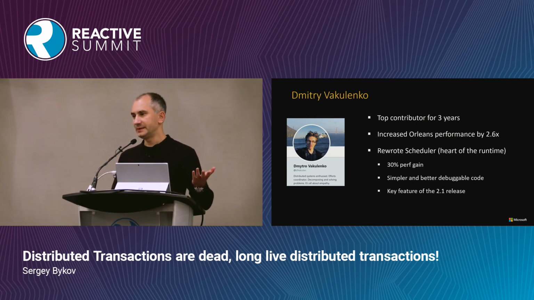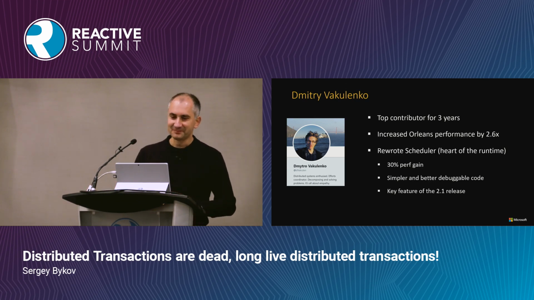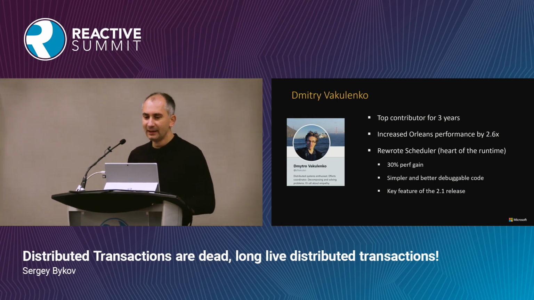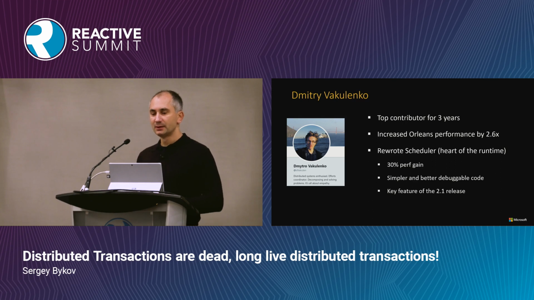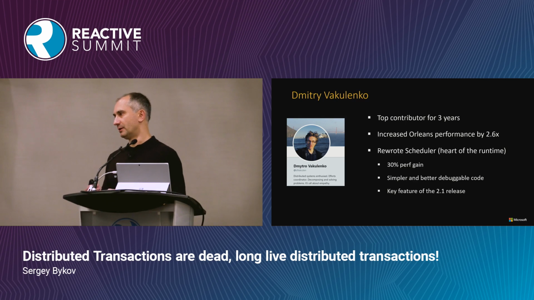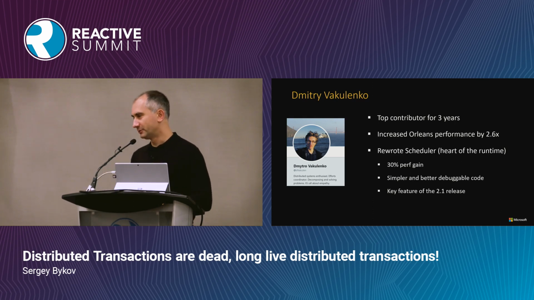And so the members of my team were telling me, we should hire this guy. But I don't have headcount. I can't. So I had to wait. The last contribution he made recently was that he completely rewrote the scheduler. That's the core system that's responsible for guaranteeing single-threaded execution and reentrancy. Part of the core team, we were afraid to touch this piece of code.